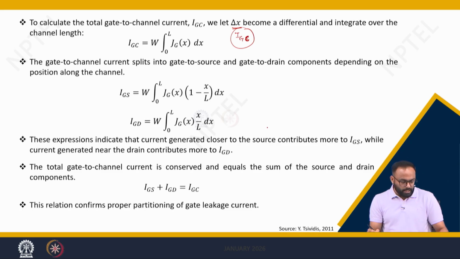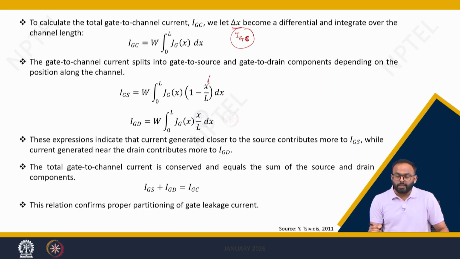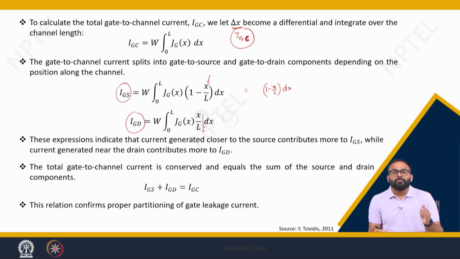And as I said, does this gate current have two components? One component will go to the source side, one component will go to the drain side, and hence we need some weighting factor in terms of position x to find these components. In general, we multiply by 1 minus x divided by L, dx, when we calculate IGS, the component which goes towards the source, and we multiply by x by L when the component goes towards the drain.